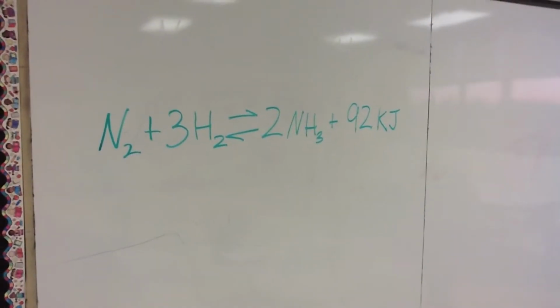What happens when the players on a good team make an error? The other members of that team step up to reduce the error. When a stress is placed on a system at equilibrium, like the players on a good team, the system works to reduce that stress. Now, let's look at this exothermic reaction.